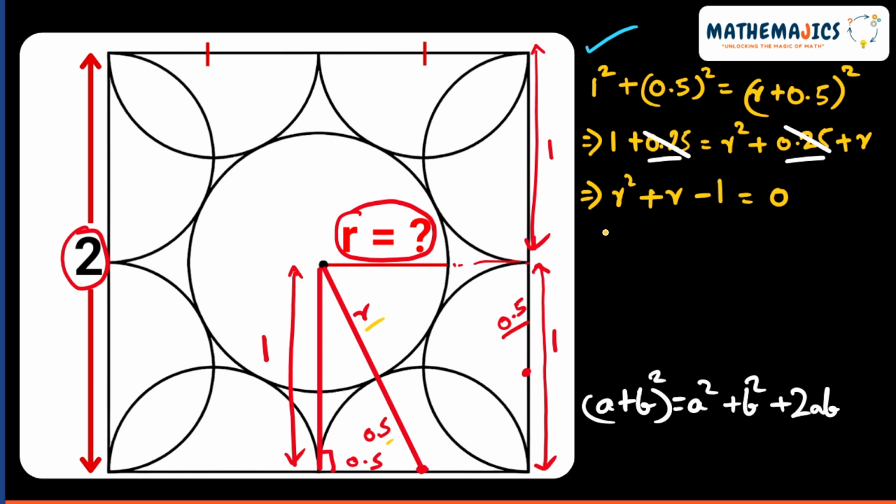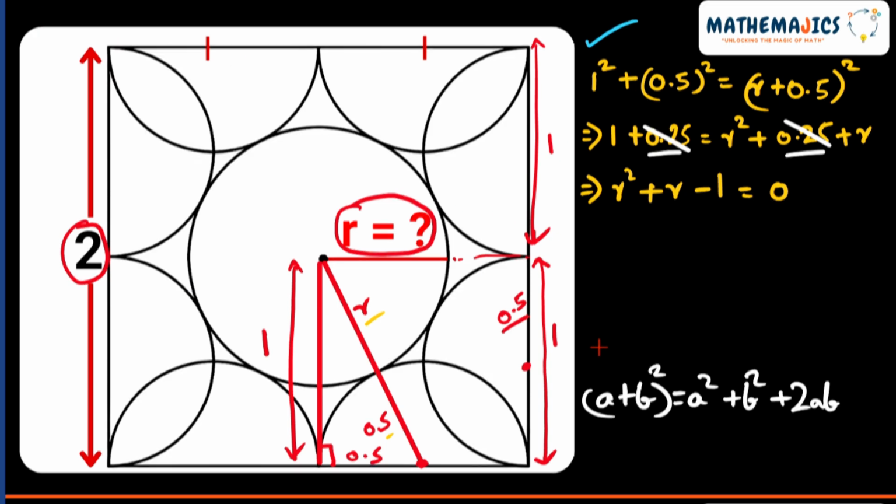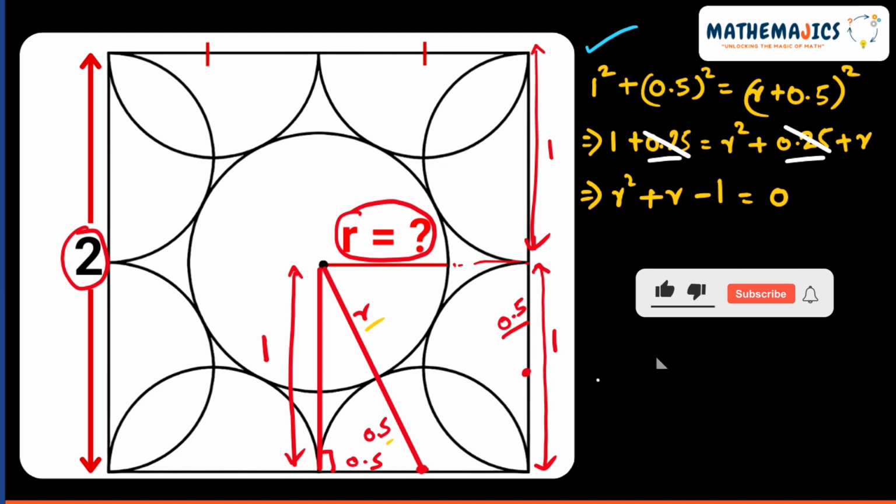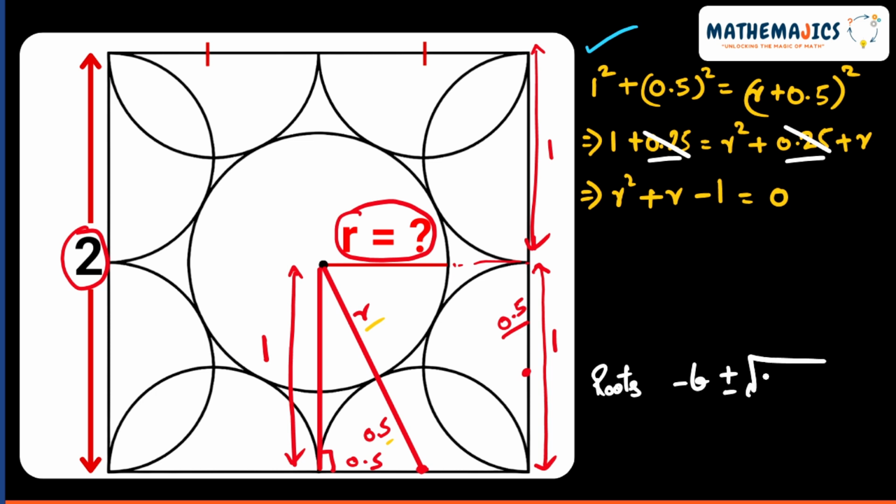Now we will apply the quadratic formula to find the roots, since this is a quadratic equation. According to the quadratic formula, the roots of a quadratic equation are minus b plus minus square root of b squared minus 4ac, upon 2a. Plus and minus indicates that these are two roots.